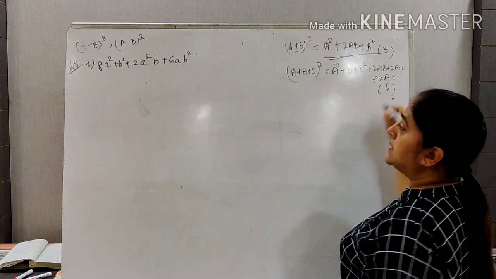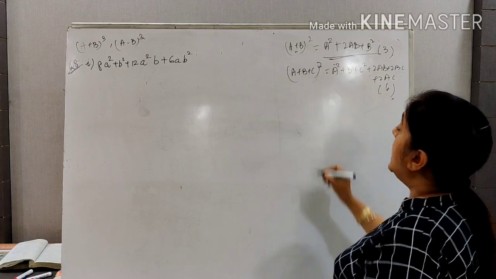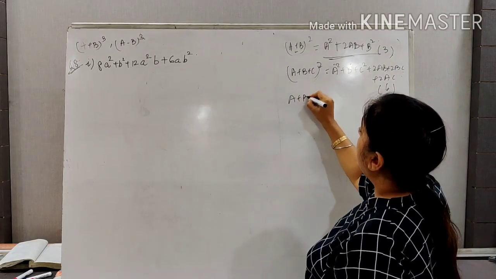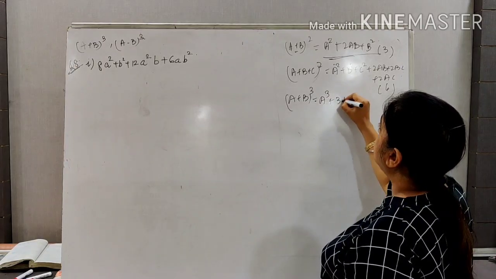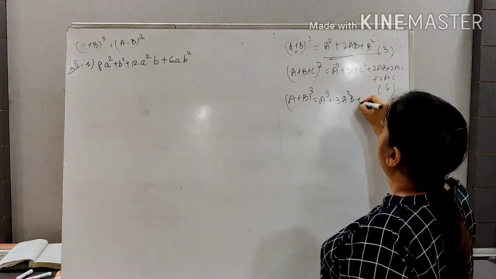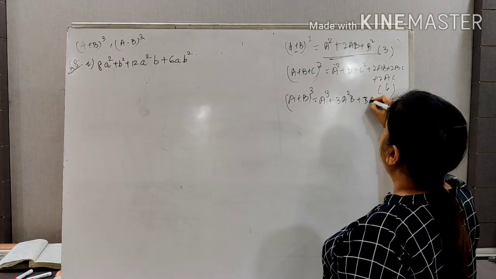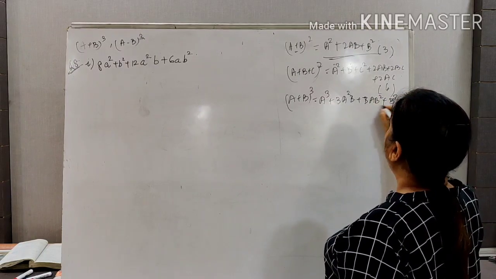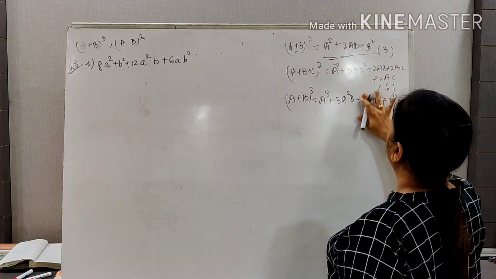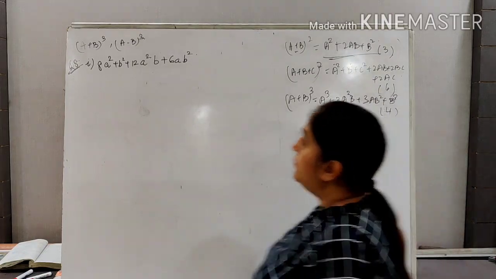So in the expansion it had 6 terms, and when we expand a plus b whole cube, it is a cube plus 3a square b plus 3ab square plus b cube. So how many terms? It is having 4 terms, right?